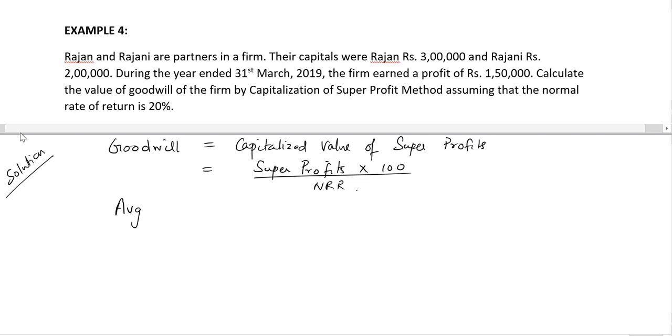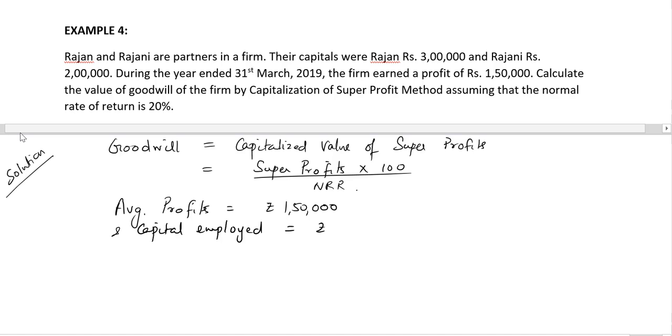The average profits, it's given as rupees 1,50,000 and capital employed, we'll use the liability approach and add up the capitals of the partners, 3 lakh and 2 lakh rupees.